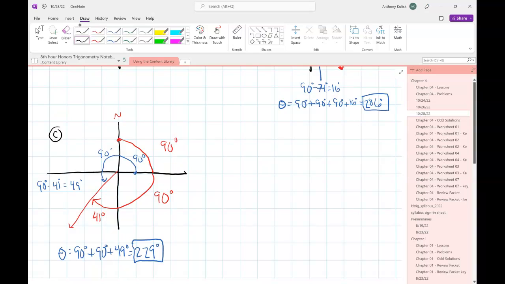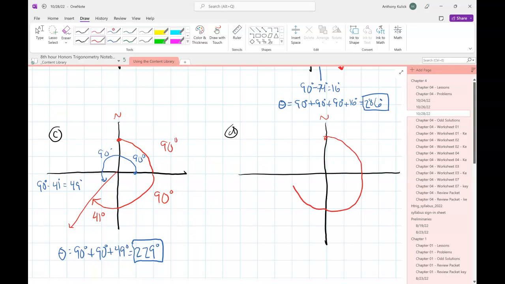And then my last one is 299, right? Okay, so here we go. 90, 180, 270, and a little bit more. 90, 90, 90, and then 29 more for 299.